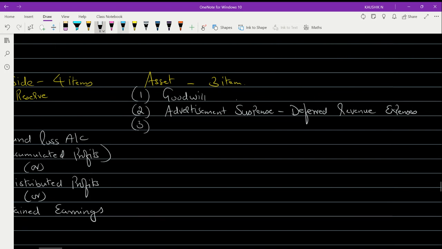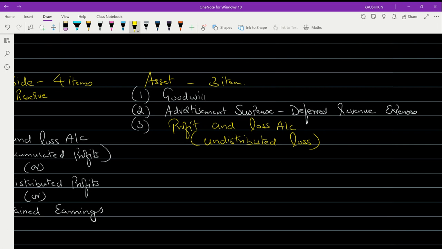And the third item is the profit and loss account, denoting your undistributed loss. When profit and loss appears on the asset side of the balance sheet, it denotes the undistributed loss.